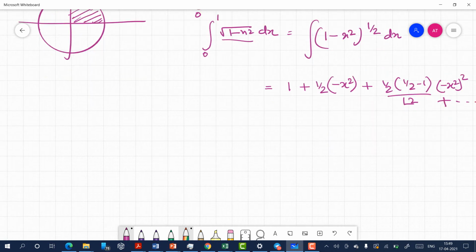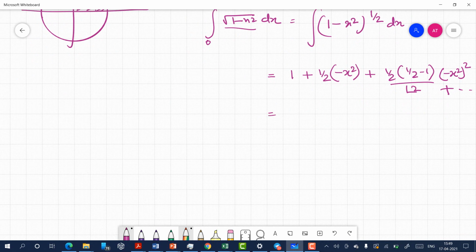Okay, so these terms are actually not very difficult. So then you get 1 minus half x squared plus, factorial 2 is basically 2, so minus half into half is minus 1 by 4, minus 1 by 4 divided by 2 is minus 1 by 8, and this will become positive with x to the power 4 and so on.